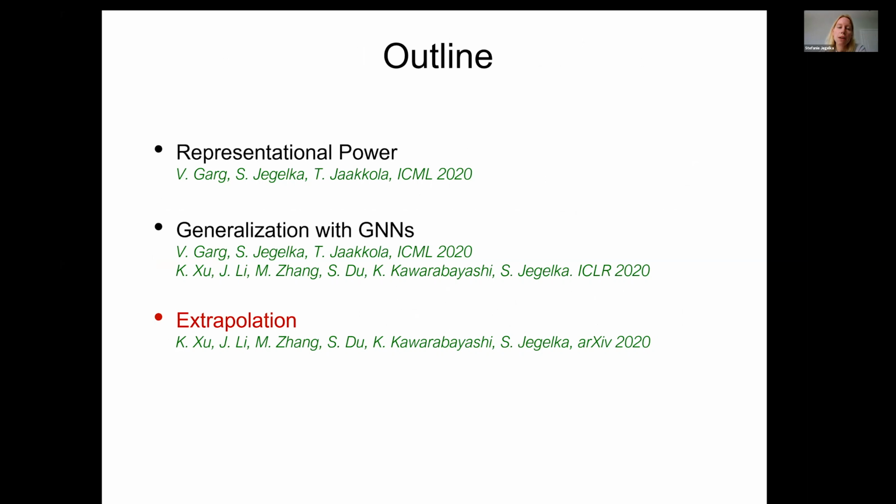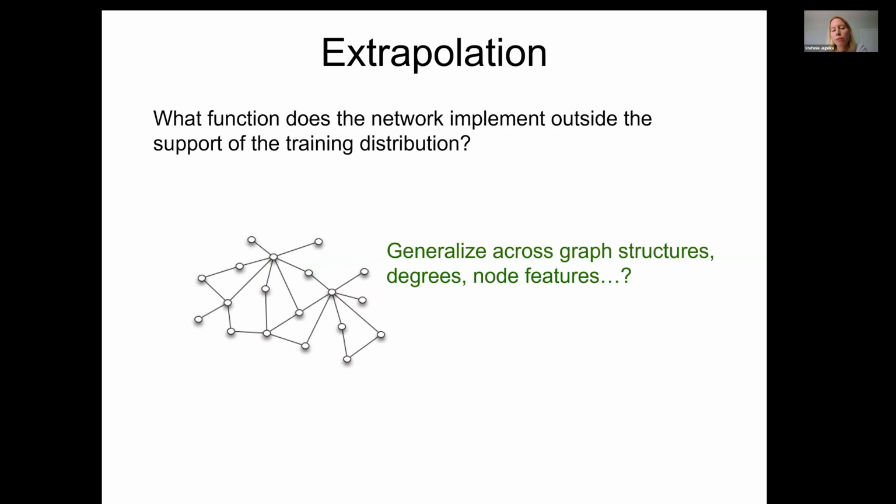If you think again about the task of learning algorithms, say we want to learn the shortest path, or we want to learn to compute the maximum degree in the graph. If I train my graph neural network on a collection of graphs, I would hope that, for example, it also generalizes to larger graphs or to graphs with different degrees. If I'm actually learning that algorithm, it should be able to do that. So the question is, would it?